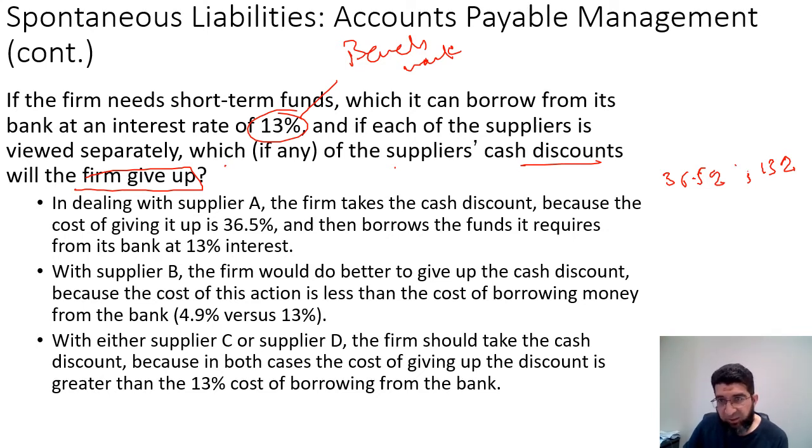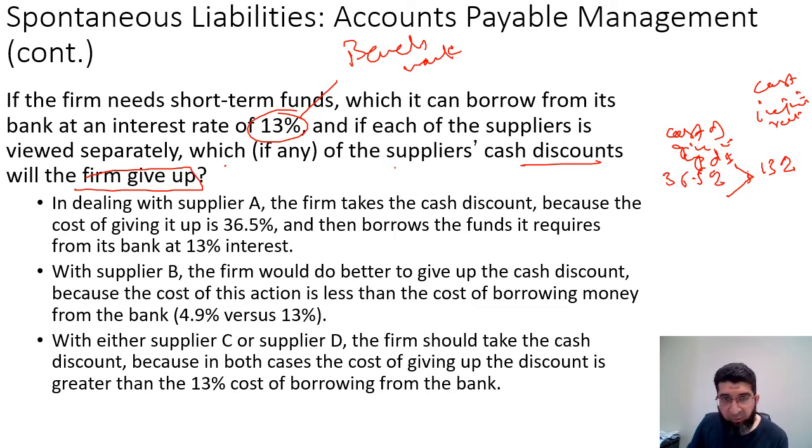But since this cost of giving up the discount is greater than the interest rate, or the cost of money that I'm going to pay in order to replace the cost of discount, this is not a good deal. I should be able to use the discount.